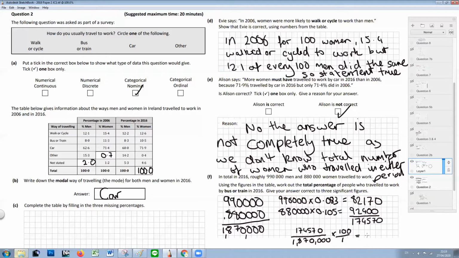And that's going to give you a value of 9.34%. And that's it. Okay, so hopefully that's all clear so far.